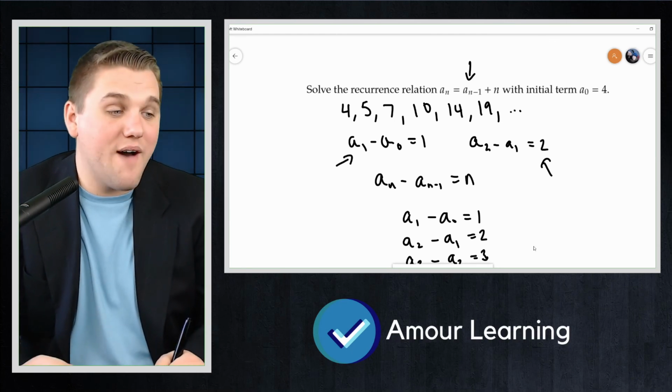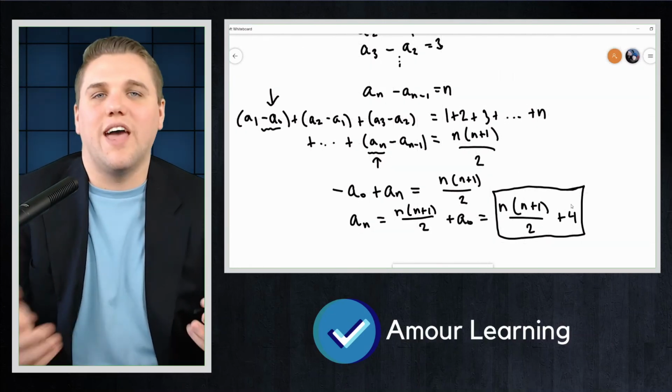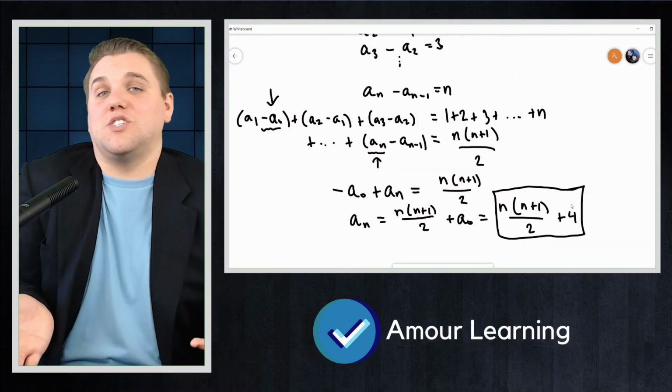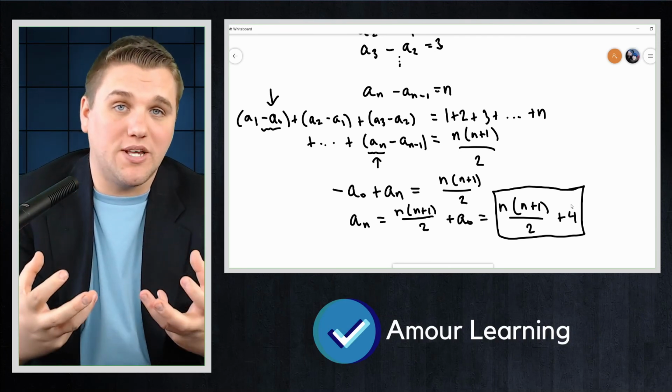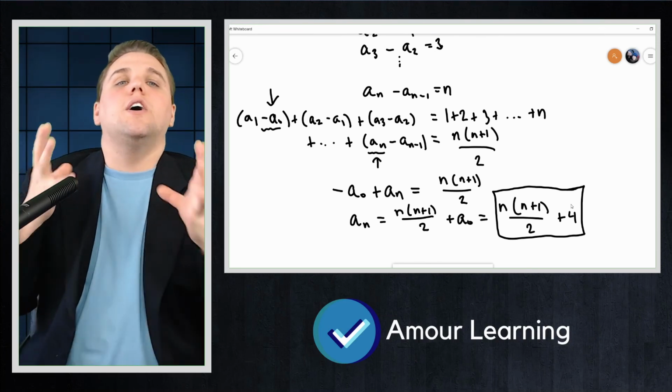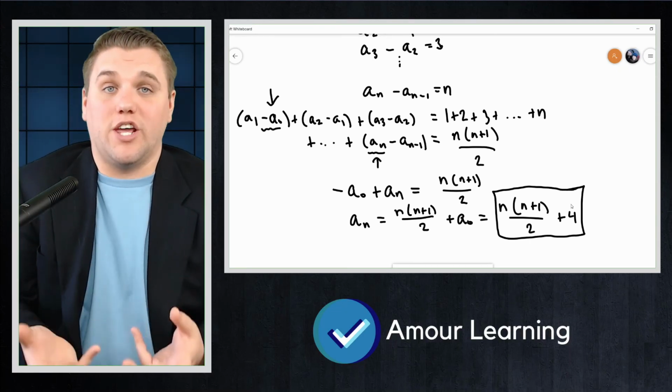We said the closed formula for the triangle numbers was n times n plus 1 over 2, and then we could have just added 4. That would have been a really easy way of doing this, but it's important to understand exactly how to use telescoping sequences and telescoping sums to solve recurrence relations in general.